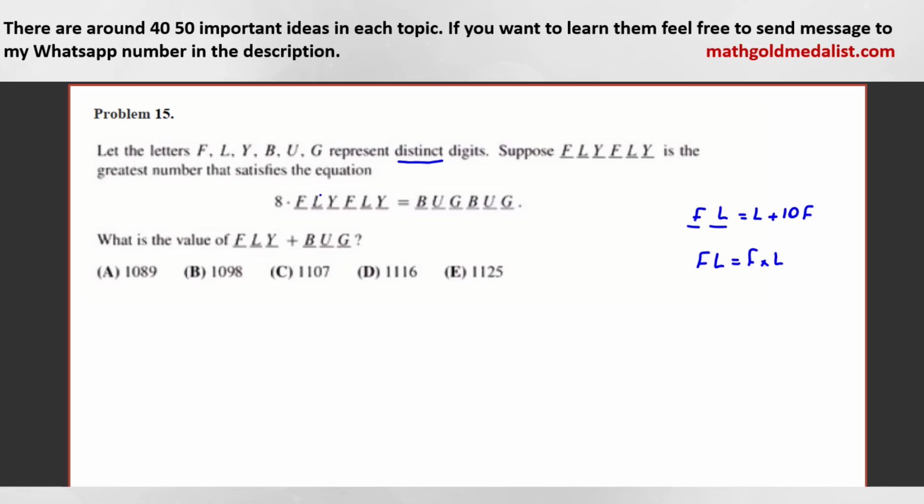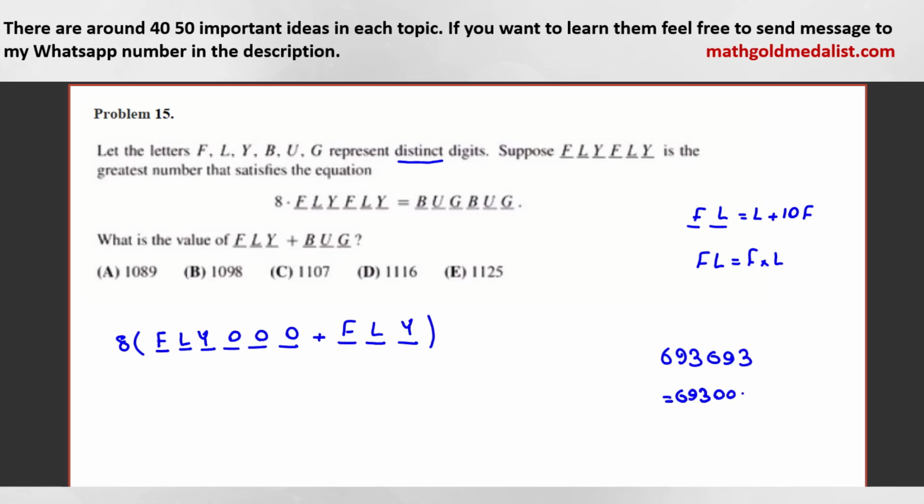So if we consider this one, we can say something. We can say it is FLY000 plus FLY. Why? Because, for example, suppose we have 693, then it is 693,000 plus 693, okay?